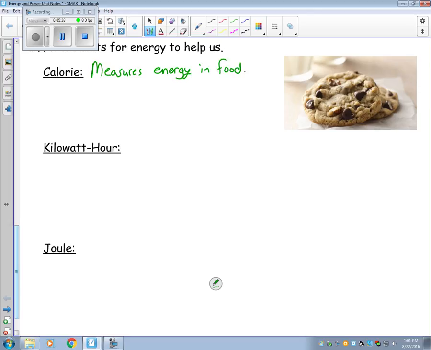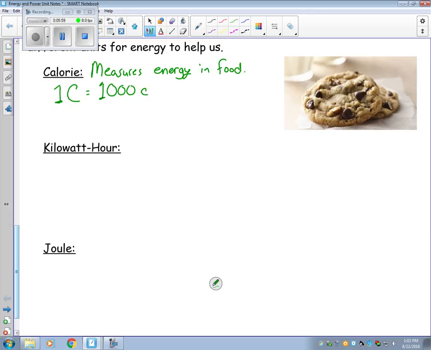So here's where we have to be careful. A food calorie is different than a science calorie. We typically use a capital C for food calorie. And one food calorie equals 1,000 science calories.